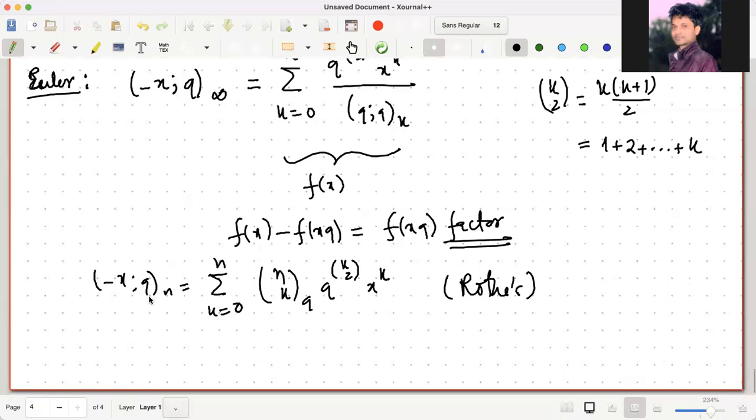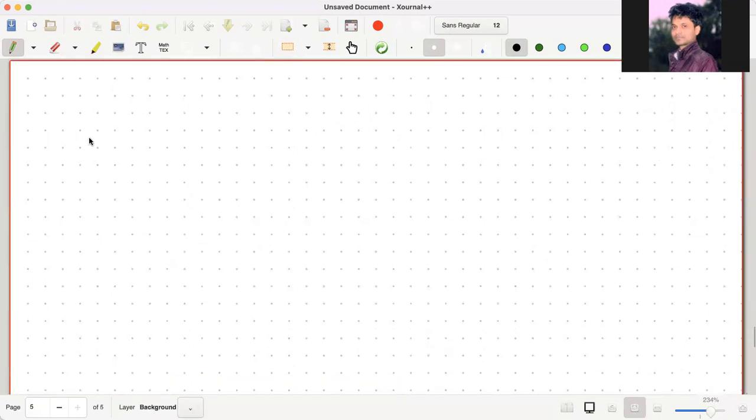So that is almost the end of the chapter that we wanted to discuss. But there is one more result, called the Cauchy-Krill series.